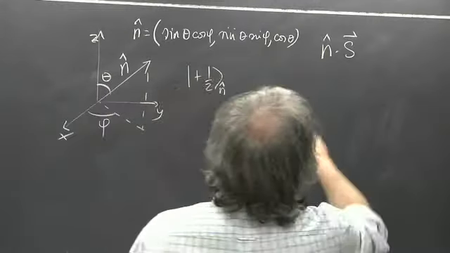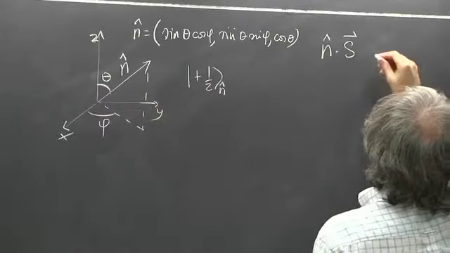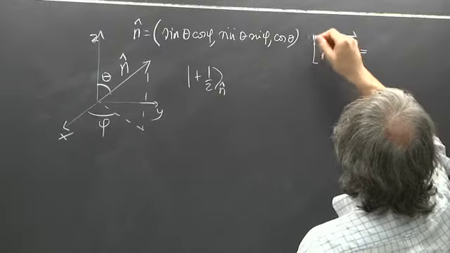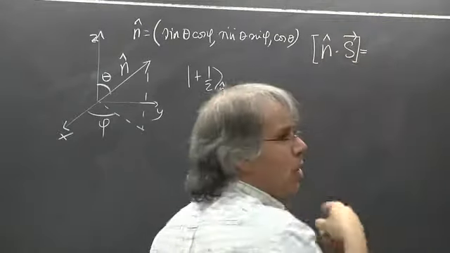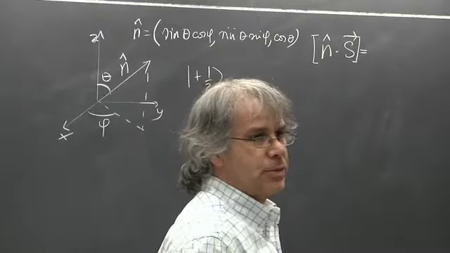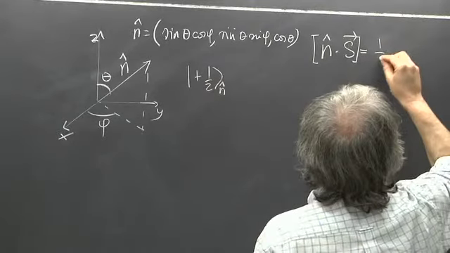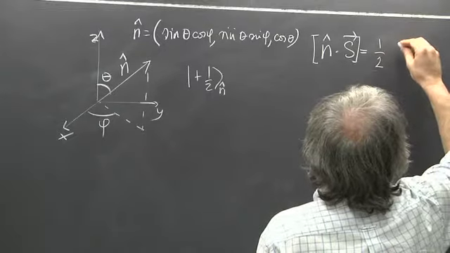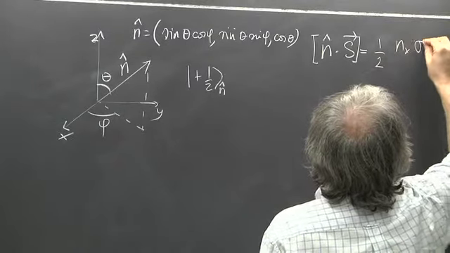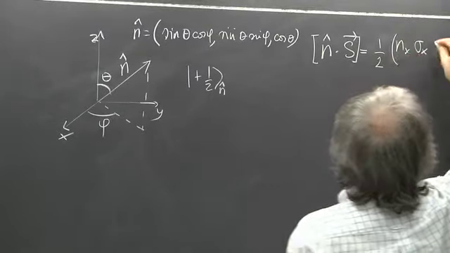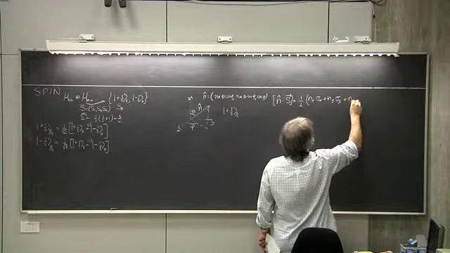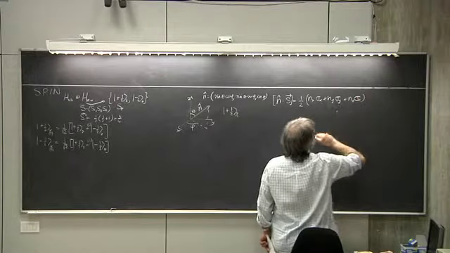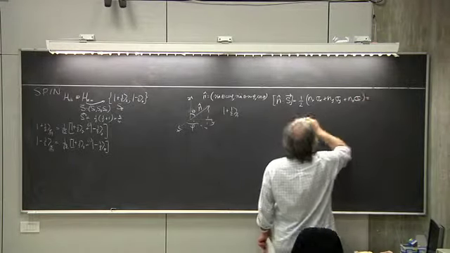So this operator here is equal to, if I write the matrix representation, I know that this is 1/2 the Pauli matrices. So this is 1/2 of nx, the Pauli matrix sigma x, plus ny, the Pauli matrix sigma y, plus nz, the Pauli matrix sigma z. So what is this?